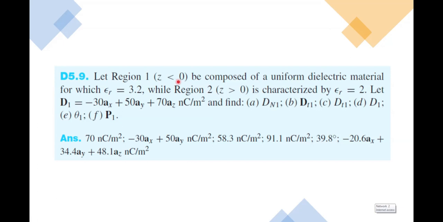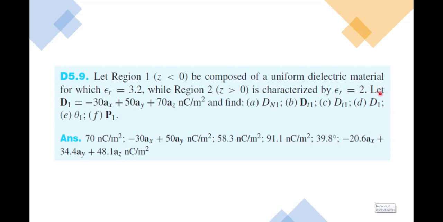Region 1 is located in the Z less than 0 region, and this region is occupied by a uniform dielectric material having relative permittivity 3.2. Region 2 is the other half space, Z greater than 0, and the material in this region is characterized by a relative permittivity of 2.